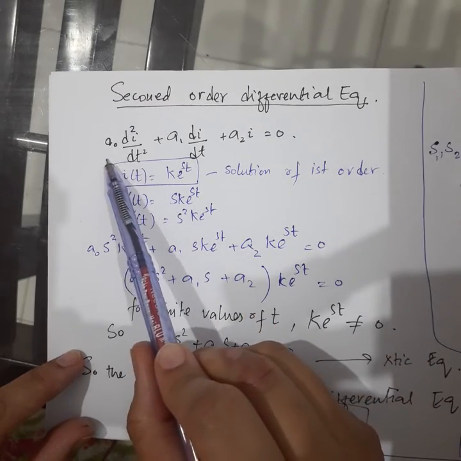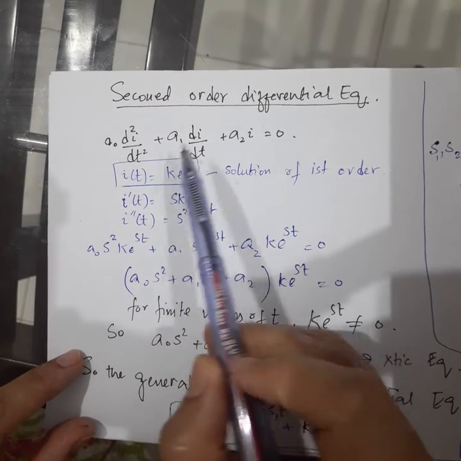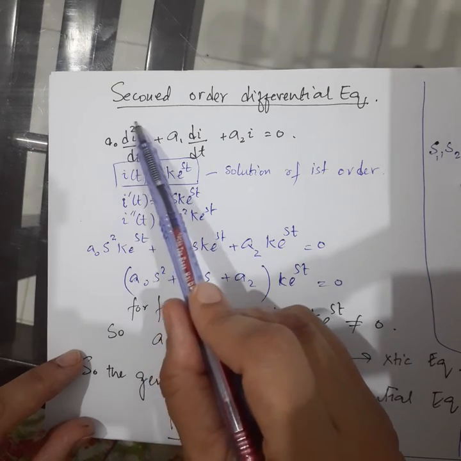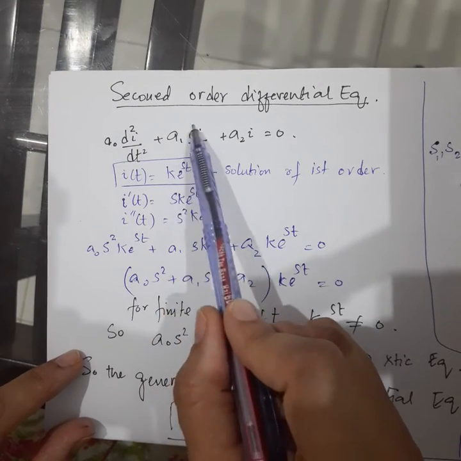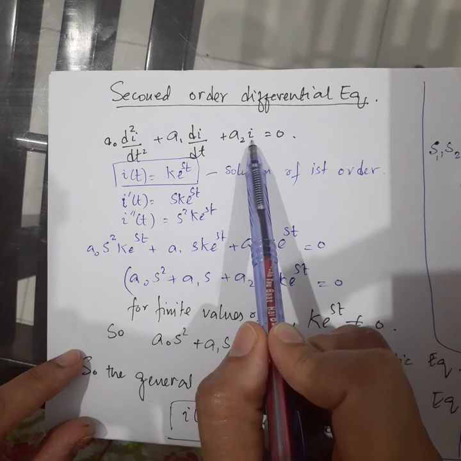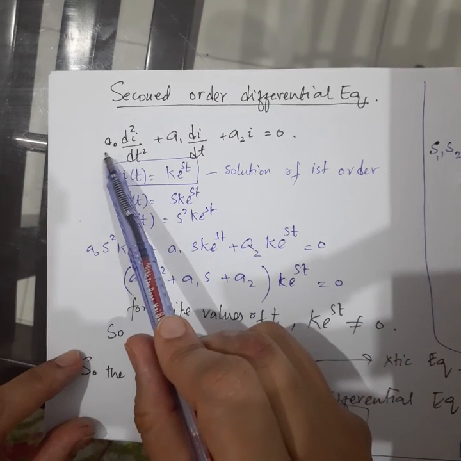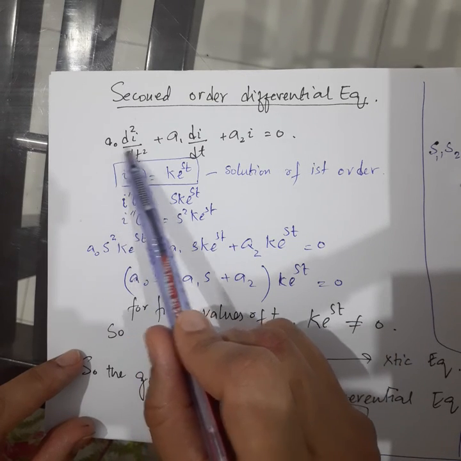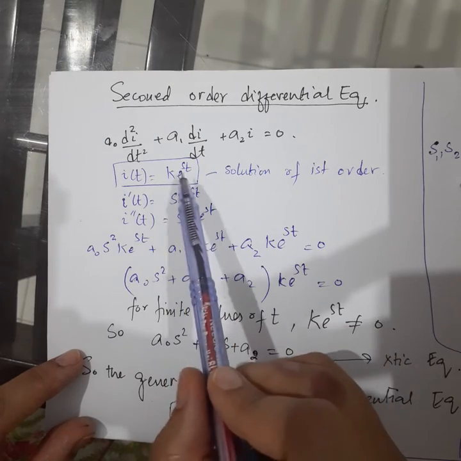This is a basic second order differential equation in which we have this second order derivative, and this is a first order derivative and a simple variable i of t with these different coefficients a0, a1 and a2.